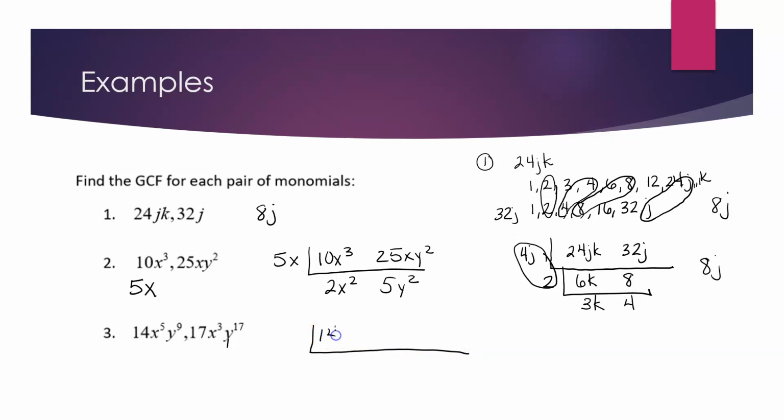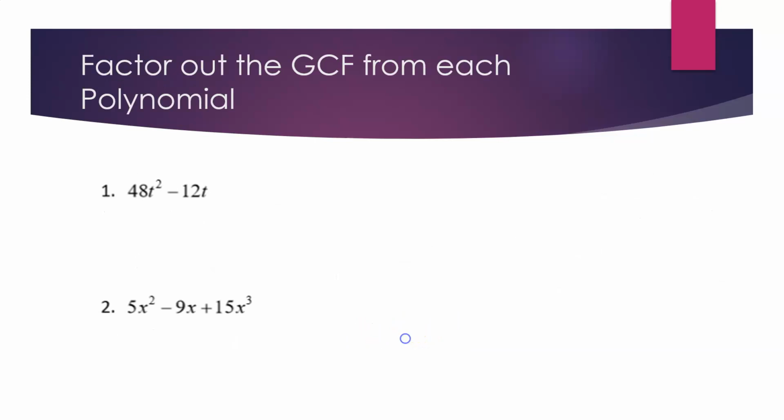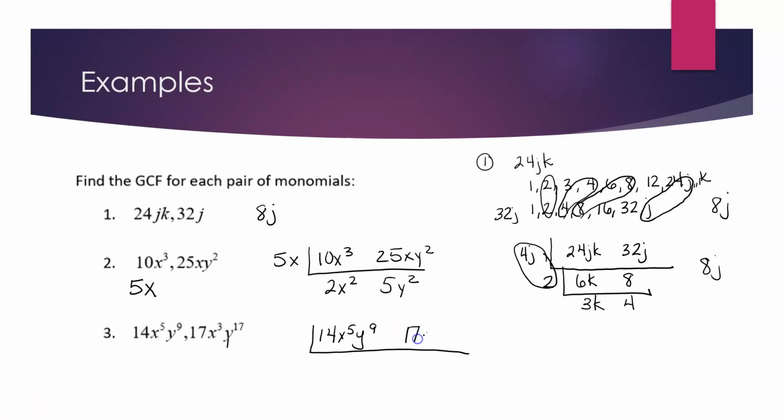I have 14x to the 5th, y to the 9th as one of the terms, and then 17x cubed, y to the 17th. There is no factor that will go into both of the coefficients, so you're going to have to ignore those. But there are common exponents. What's the highest exponent of x that will go into both?